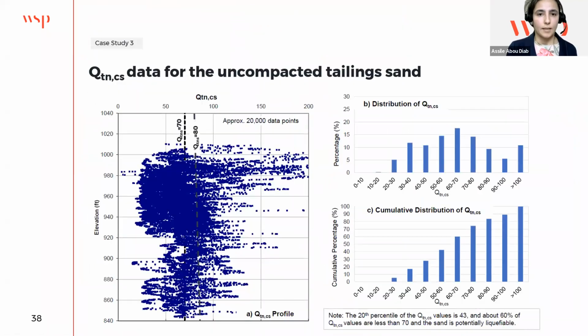So we do the same thing. We collect the data from all the CPTs on the beach and we do some statistics. The 20th percentile of QT-NCS is 43, which means it's well below 70, and our tailings sand is susceptible to liquefaction.